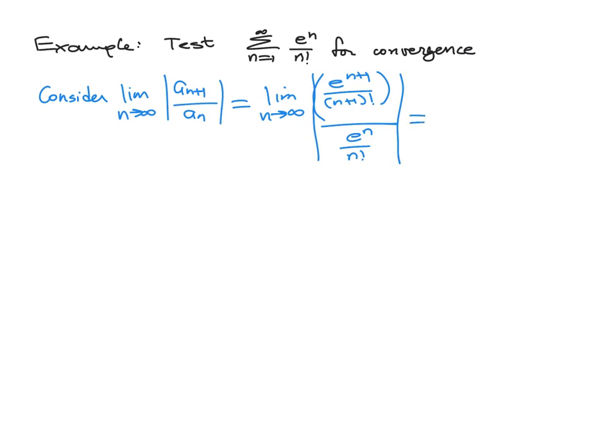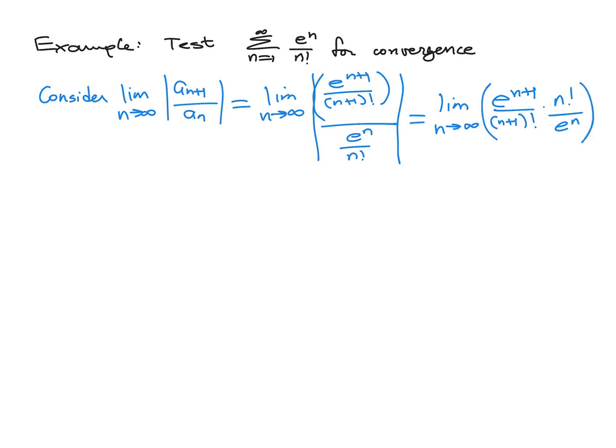There's no negative signs anyway, so you don't really need it. So I'm going to drop it. The limit as n goes to infinity, and now I'm going to recopy the numerator, e^(n+1) over (n+1) factorial. And now I'm going to multiply by the reciprocal of the denominator fraction. So times n factorial over e^n.